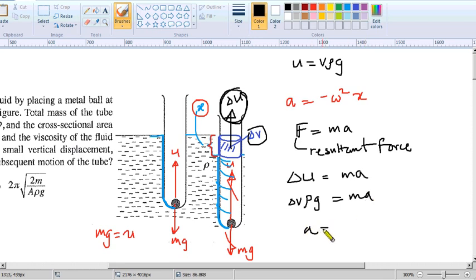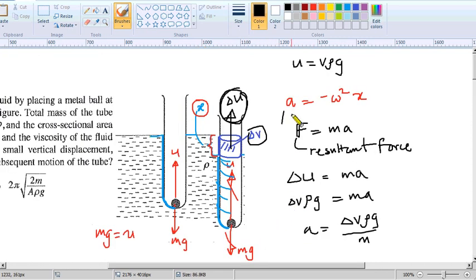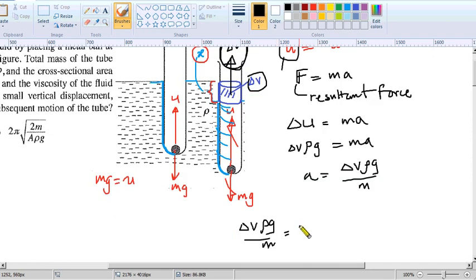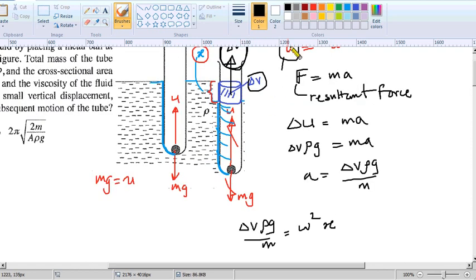So a equals delta v rho g divided by m. So we have to substitute it into that equation. Then delta v rho g divided by m is the acceleration part, equal to omega squared, neglecting the minus sign, times x. So delta v we have to now find out. It is easy.